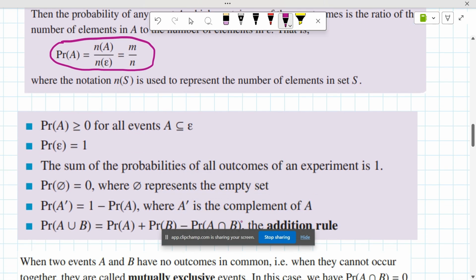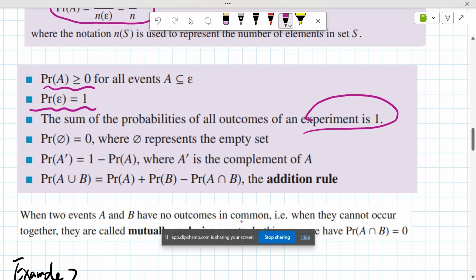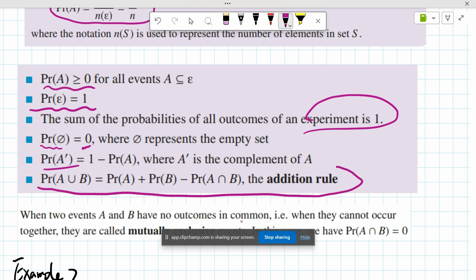Every single probability is greater than or equal to 0, and the sum of the probabilities of all outcomes is 1. If you have an empty set, the probability will be 0. If not A, that'll be 1 minus the probability of A. And this is an addition rule I want you guys to copy into your Bell reference, please.